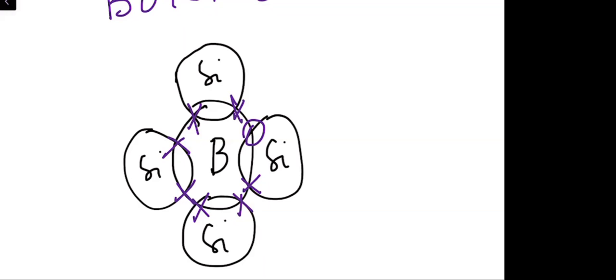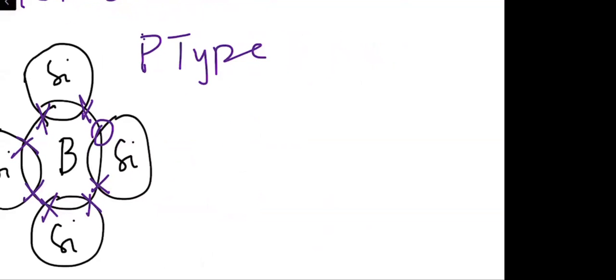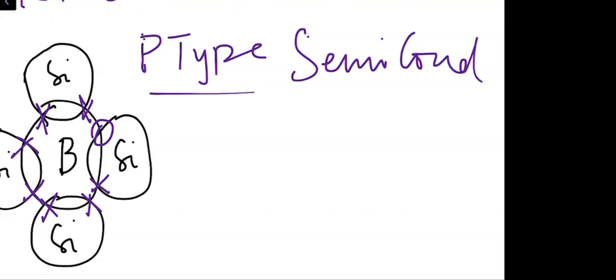And this addition of trivalent impurity creates another type of extrinsic semiconductor, which is called the P-type semiconductor, right?